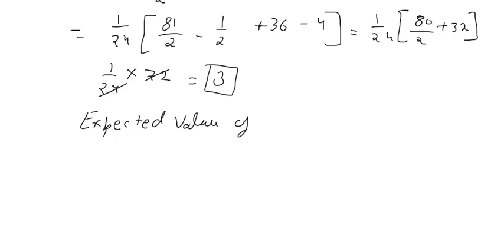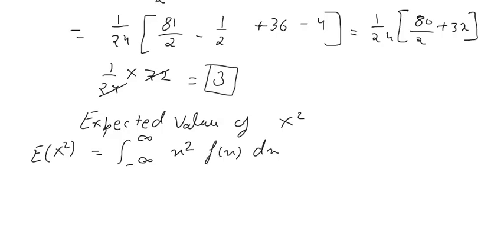The expected value of x square, or E of x square, is equal to the integration from minus infinity to plus infinity. This time we will multiply with x square times the given function f(x) dx.